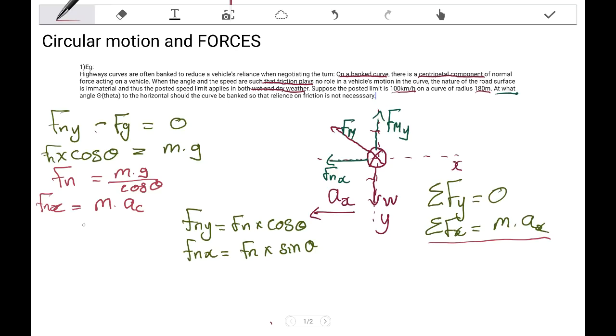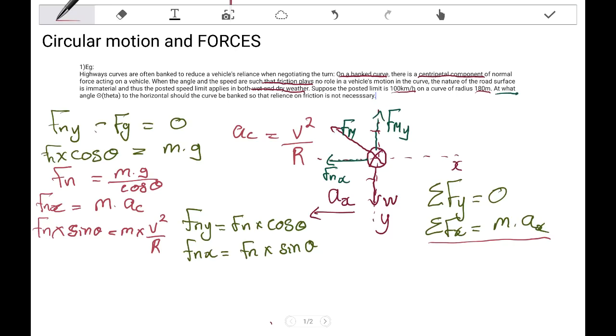Fn x is equal to m times the centripetal acceleration, because that acceleration, as I showed you, is pointing in this direction. Fn x is Fn multiplied by sine of theta, which is equal to mass times centripetal acceleration. We know that the centripetal acceleration is equal to the velocity squared divided by r.